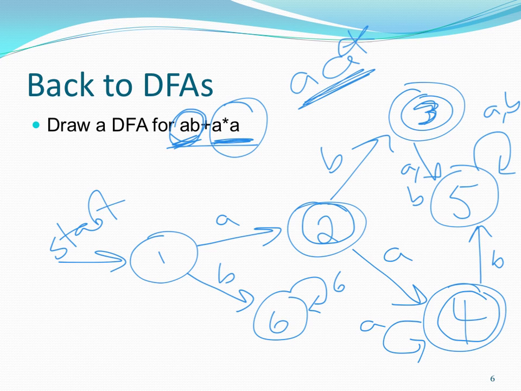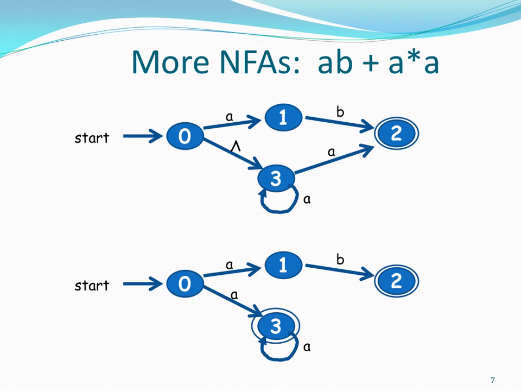Let's talk about an NFA for this language now. And what you'll see here is it's a lot easier to make an NFA for this language than a DFA. So let me show you what's going on. Here are a few possible strings we could look at.